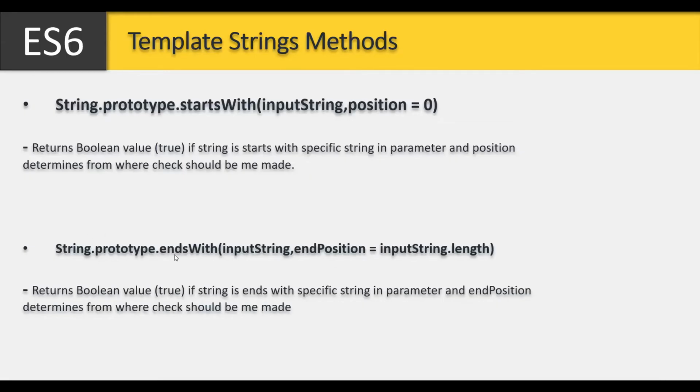Now let's check what endsWith is doing. It returns a boolean value again. It checks the existence of a string at the end of another string, whatever you specified in the parameter.